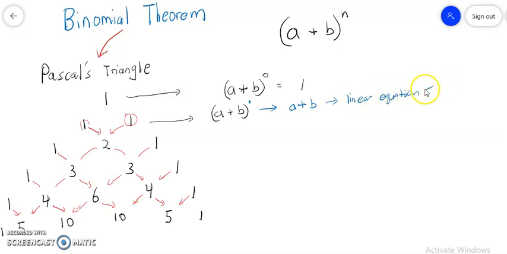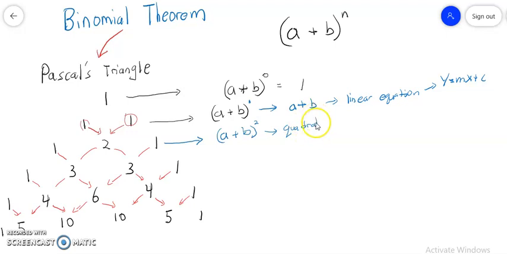Linear equations, an example like y equals mx plus c. This is one of the examples. And the third one, which is the most familiar equation, is a plus b squared. So this is also called a quadratic equation.